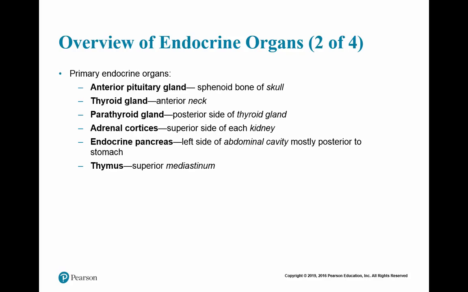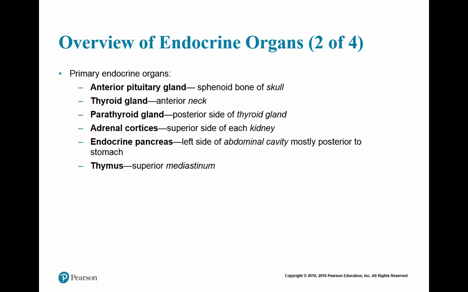The primary endocrine organs are your anterior pituitary, which sits in the sella turcica of the skull, the thyroid gland that's in your anterior neck, the parathyroid glands that are on the back of the thyroid gland, and you usually have 3 to 5 of these.